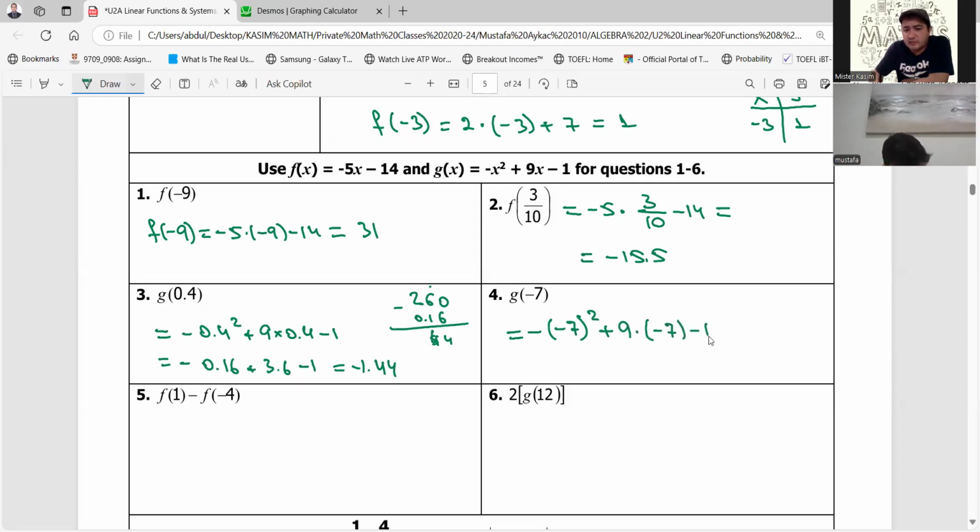First substitute and then calculate. Slowly, slowly. Yes, Mustafa.